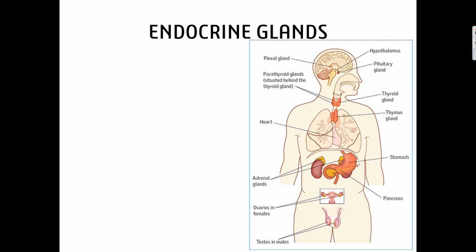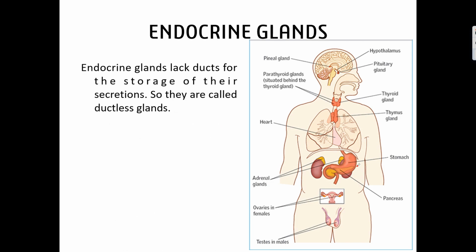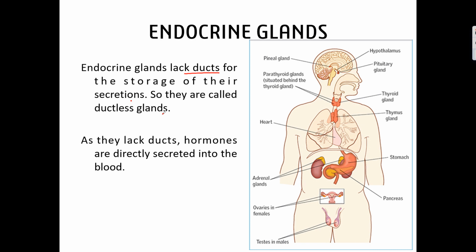Now let us look at the endocrine glands. These endocrine glands don't have a duct or any other storage for secretions. They directly secrete into the blood, so they are called ductless glands.